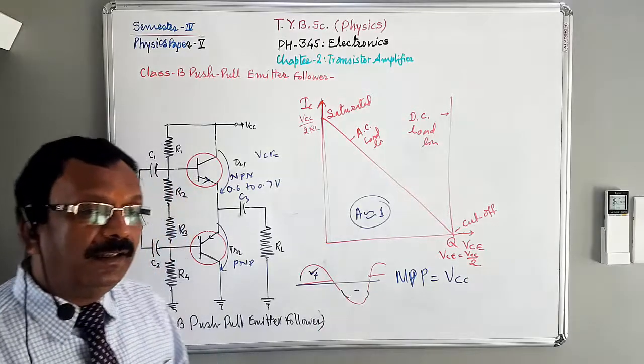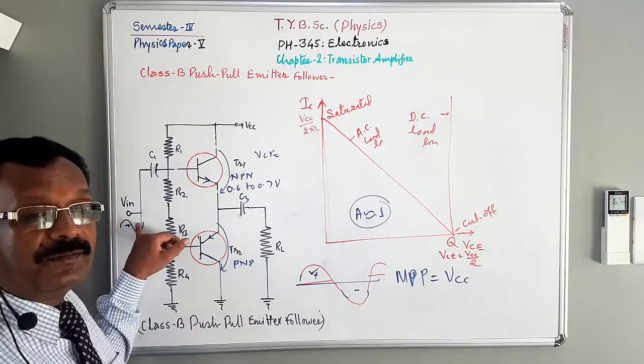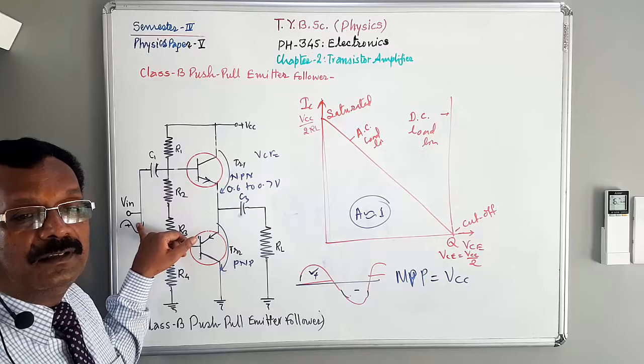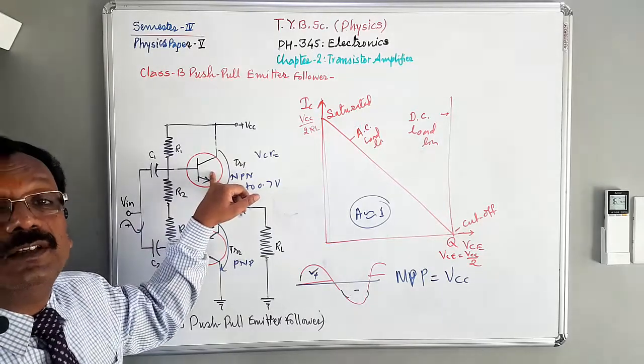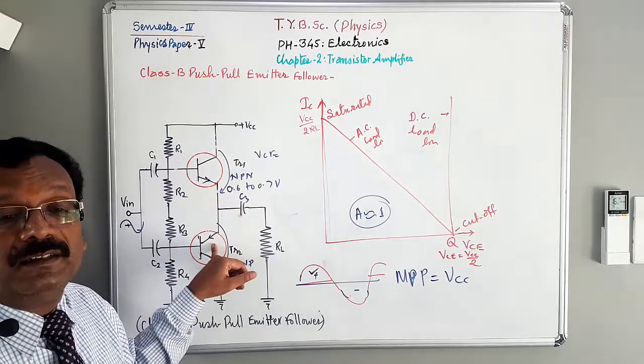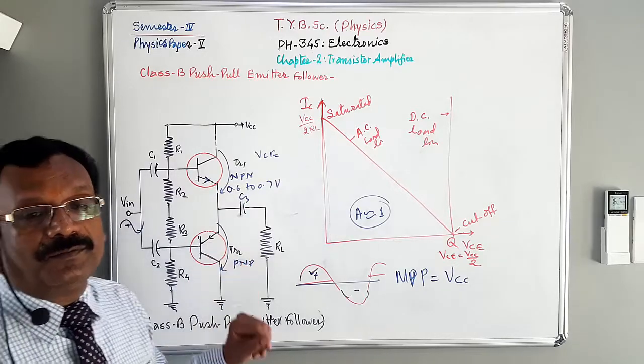On the other hand, on negative half cycle of the input voltage, the upper transistor is cut off and the lower transistor is conducting, or on.